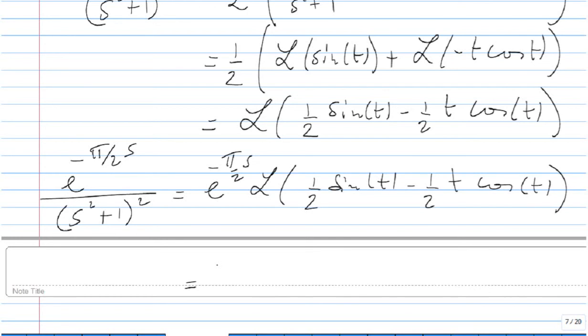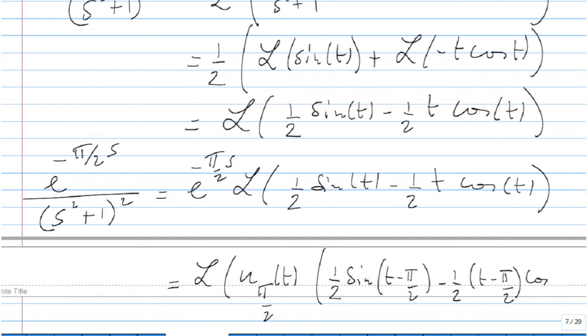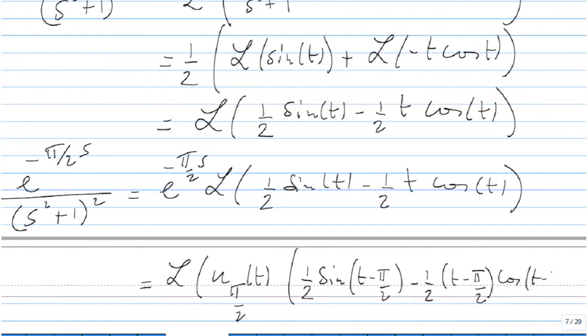We're going to cancel the e, so this will be a u of pi over 2 of t. And then we have to shift the function from t to t minus pi over 2. So this will be times 1/2 sine of t minus pi over 2 minus 1/2 t minus pi over 2 cosine of t minus pi over 2.